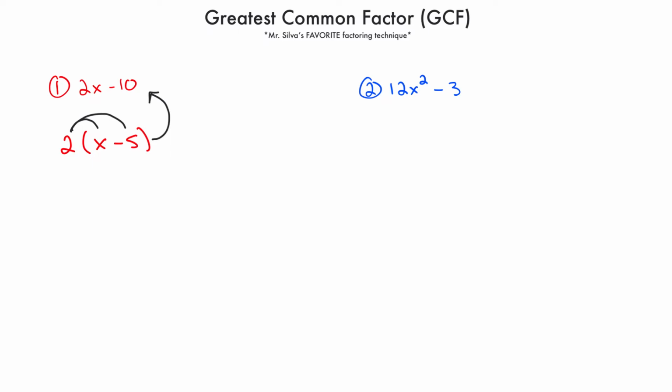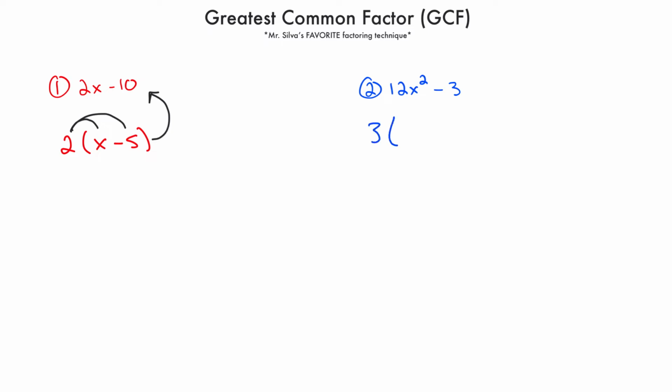For example, problem number 2, I have 12x squared minus 3. As it's written currently, that's not factorable. At least not using any of the techniques that we have currently. You can't use an area model on it. You can't do a difference of squares because 3 is not a square and neither is 12. However, as long as you do GCF first, by looking at these two terms, I realize like, oh, these are both divisible by 3.